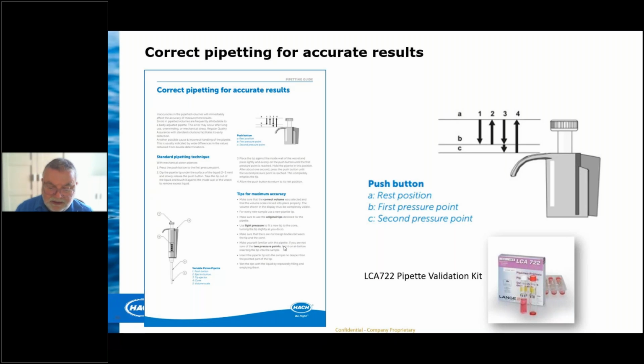Simply add a set water volume in the QV test based on the pipette volume you need to check to your LCK 722 tube and perform a measurement. The spectrophotometer will tell you if the expected volume is correct, based always on the transmittance measurement of the colored sample.